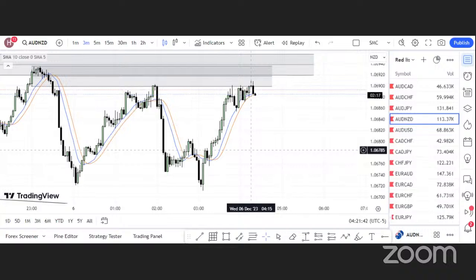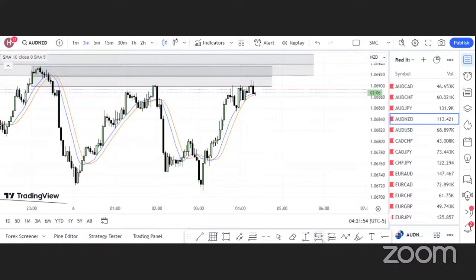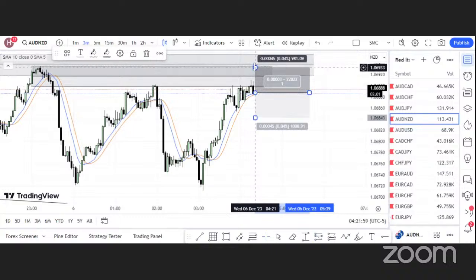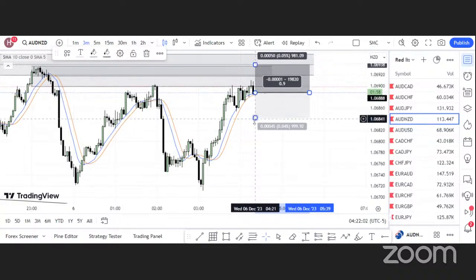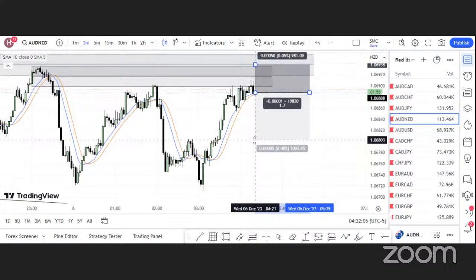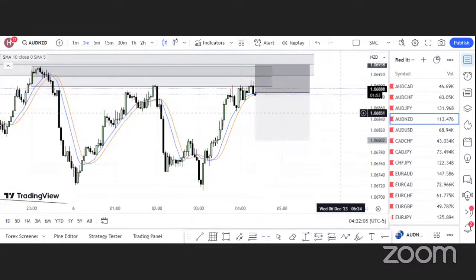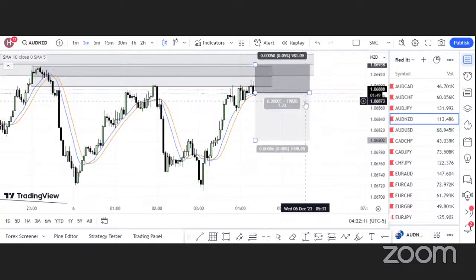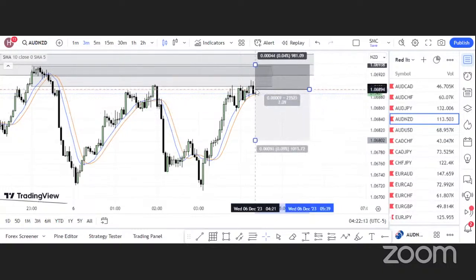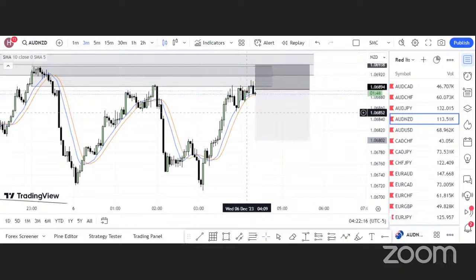Beautiful, beautiful move. So guys, get your accounts ready. AUD NZD. Go to AUD NZD. Get your accounts ready. Just stay on AUD NZD.